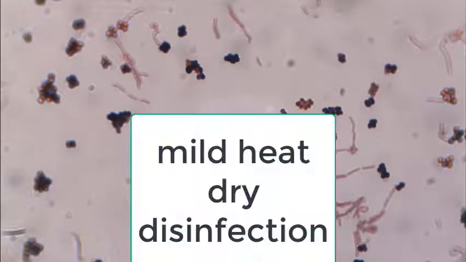Another important thing is that it has host surface proteins that prevent the antibodies from binding the bacterium and then killing it. Treponema pallidum is rapidly inactivated by mild heat, drying, and most disinfectants.